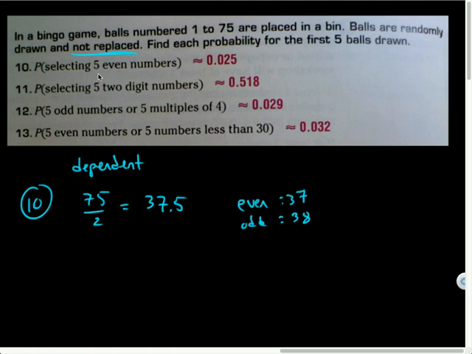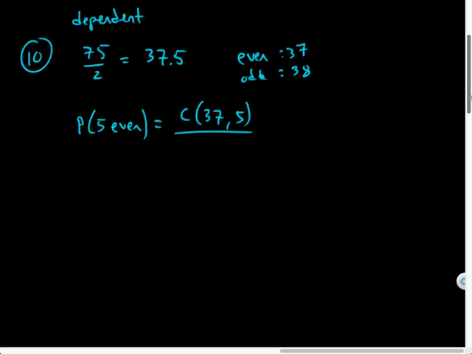So what is the probability of selecting 5 even numbers? Well, I can set up a combo. So of those 37, I want to pick 5. And what's nice about combos is they by default have dependent situations built within them. The not replacement is what it's considering.